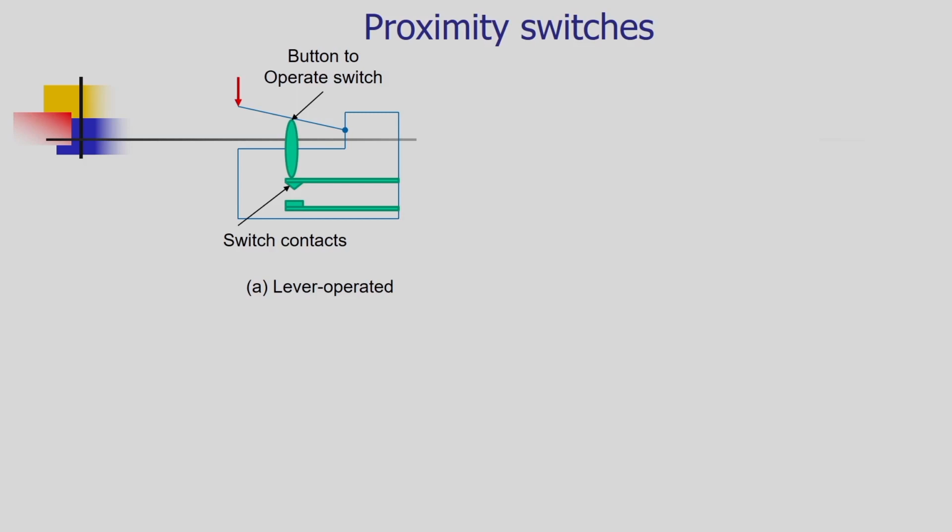The next group of proximity switches works on the principle of electrical connection. Now, a simple arrangement, a lever operated arrangement, can be seen on your screen. It has switch contacts, and these switch contacts are operated by a switch.